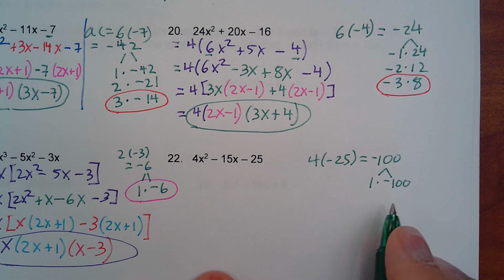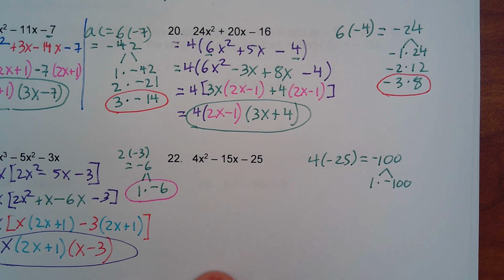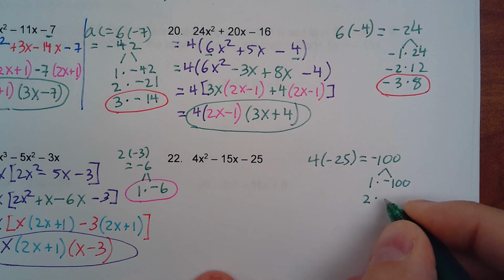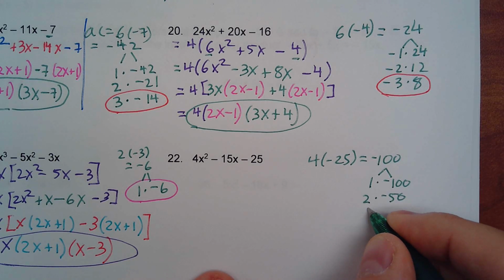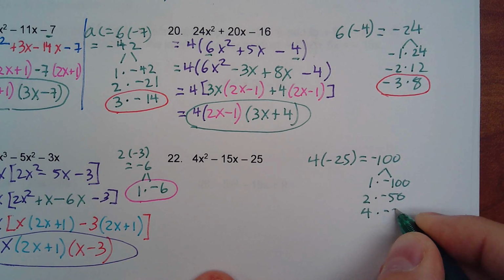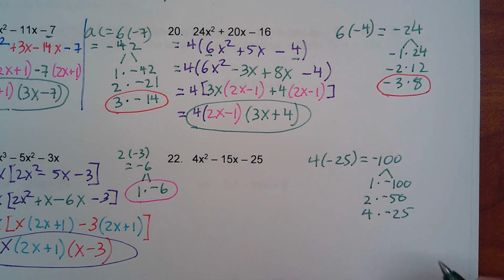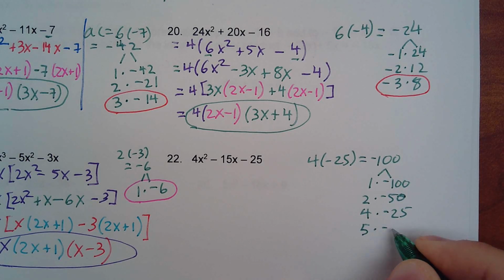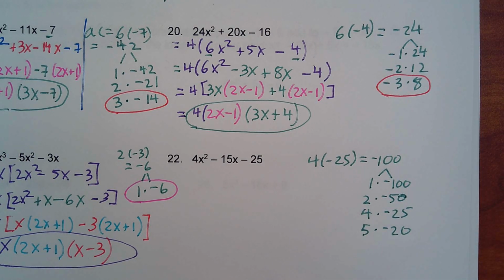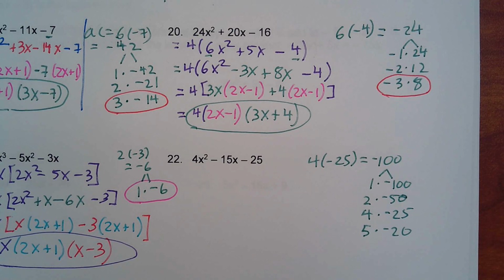So if we add those up, that's a negative 99. 2 and negative 50 is 48. 3 doesn't go. 4 and negative 25 is negative 21. 5 and negative 20, that's negative 15. So that's the combination we want.